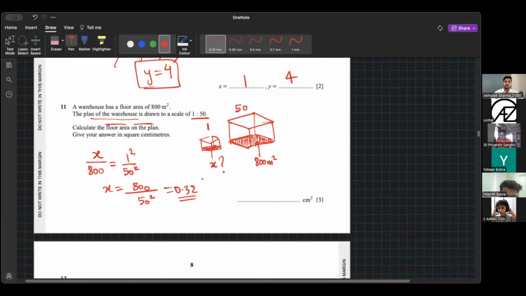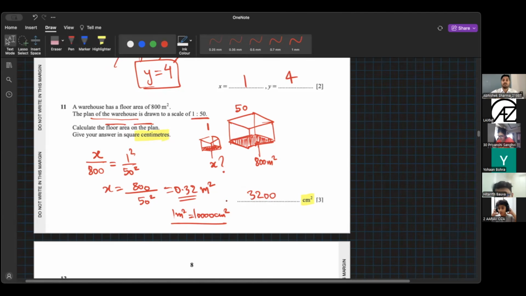So 0.32 meter square. But this is centimeter square, so you have to be very careful here. 1 meter square is actually 10,000 centimeter square. Hence, 0.32 meter square can be written as 3200 centimeter square, and that's the answer.